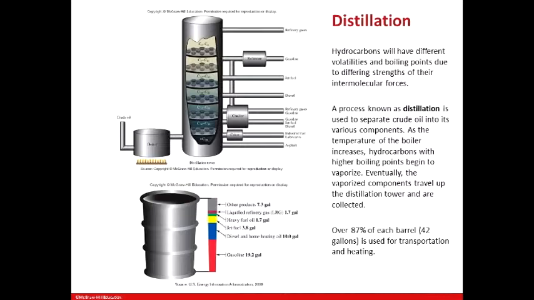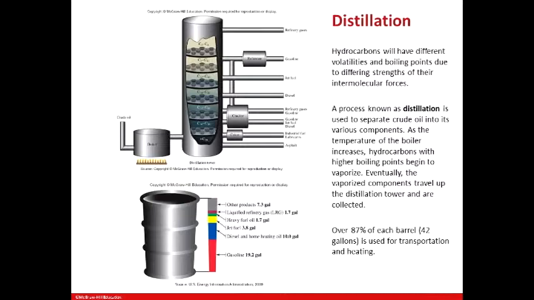Hydrocarbons will have different volatilities and boiling points due to the different strengths of their intermolecular forces. The primary force at work is London forces, but there are a few others. London forces are the primary force in oils. That's what matters.